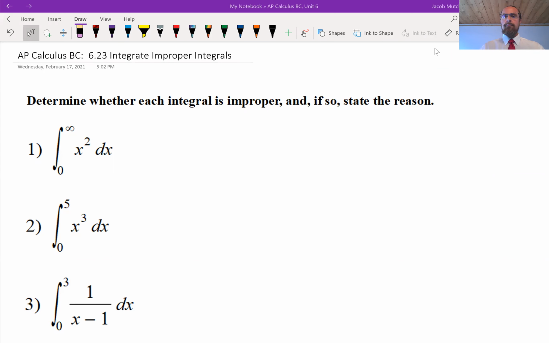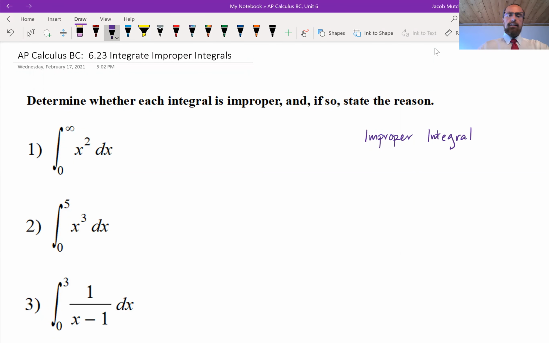So let's define for ourselves what an improper integral is. There's basically two possibilities for an improper integral. One of the possibilities is that one of the limits of integration is infinite.